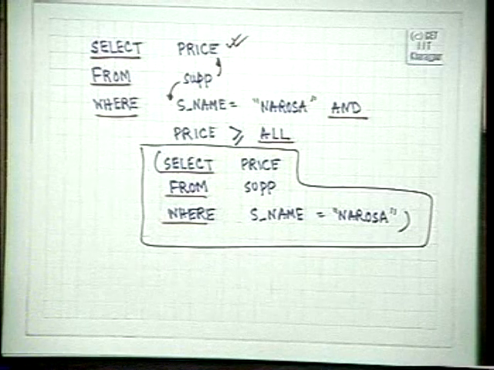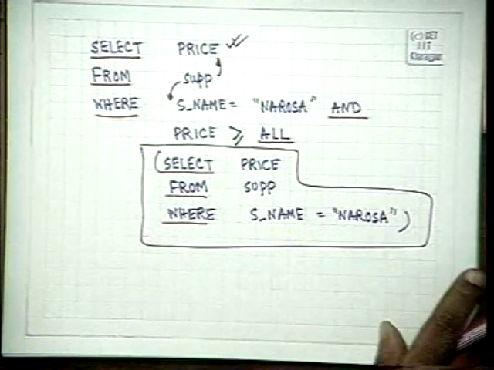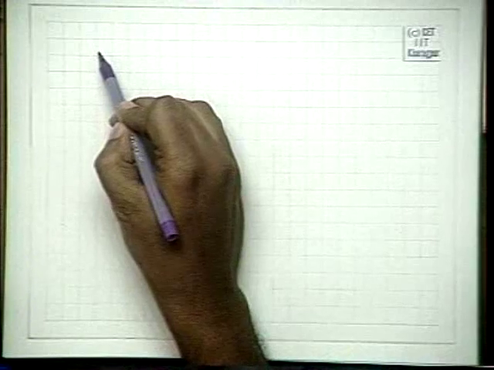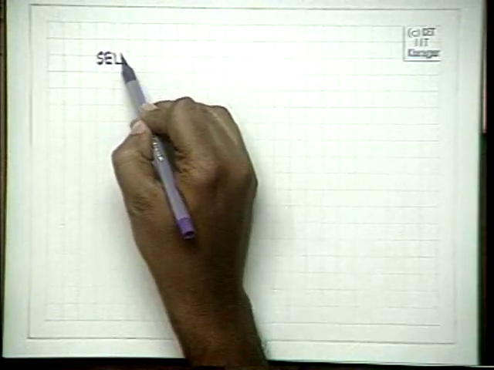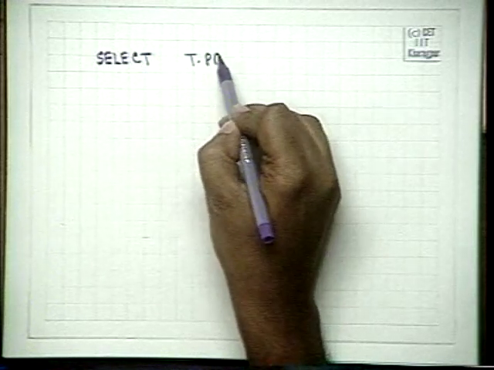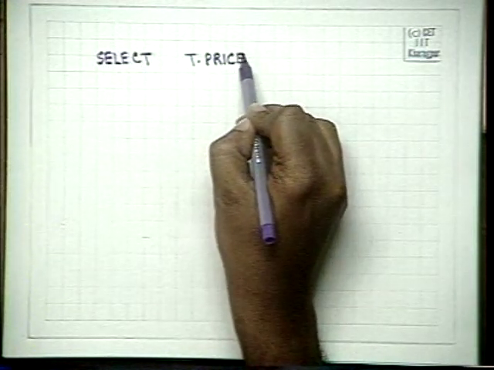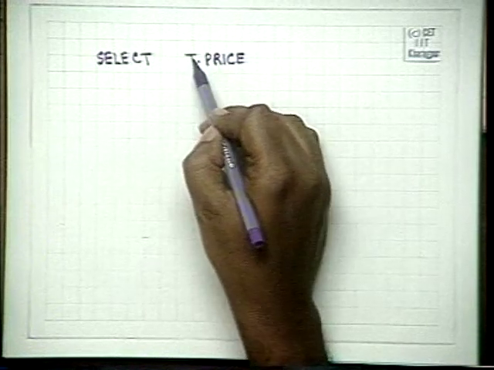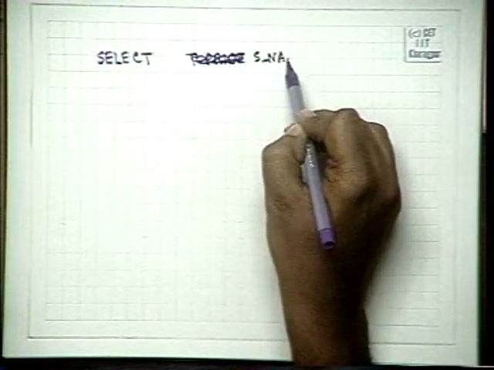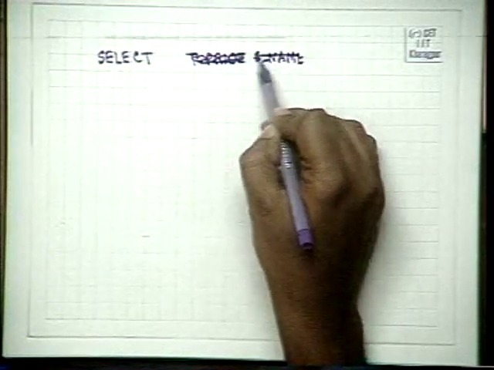Sub D, then compare that. If you do sub S and sub D and compare, suppose we do it in the traditional way. Suppose we try to do it: select what? T dot price? Is that what you want? Select S name from select S name. But we want the largest price. Yes, sorry, select price.